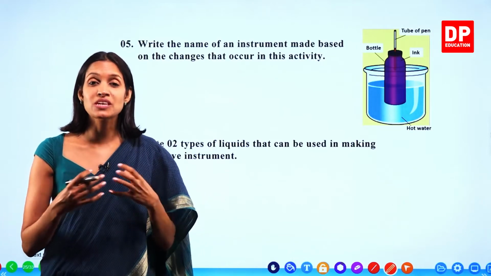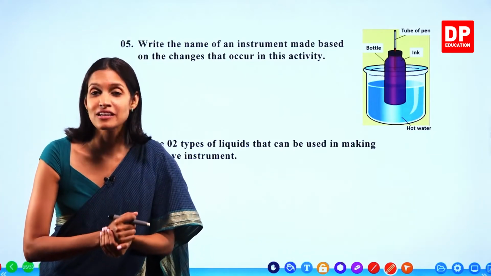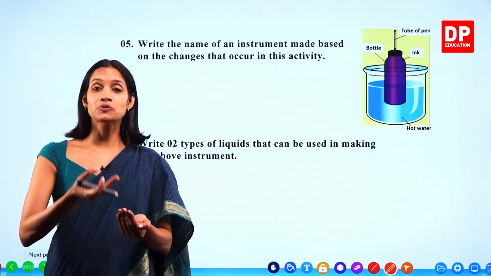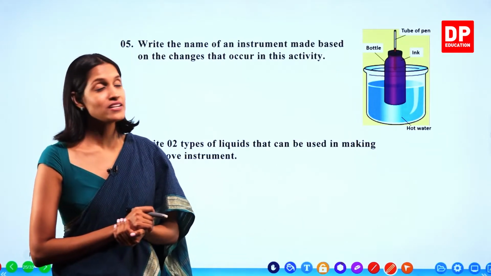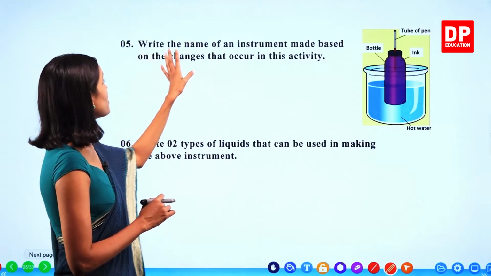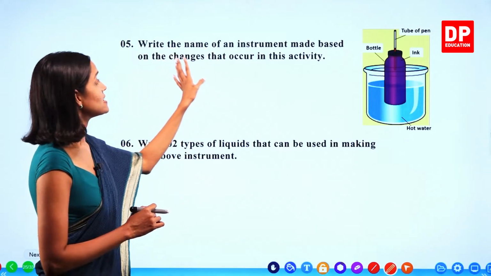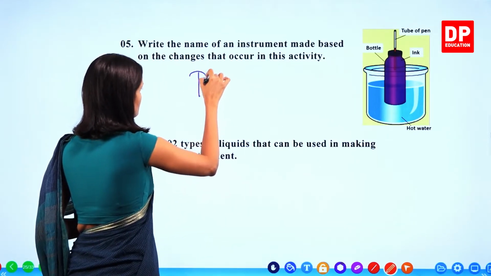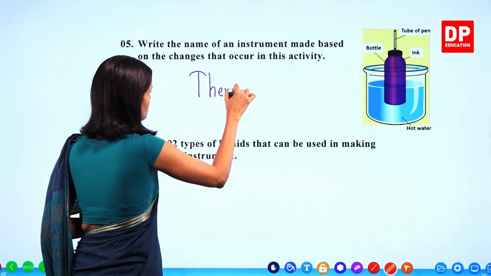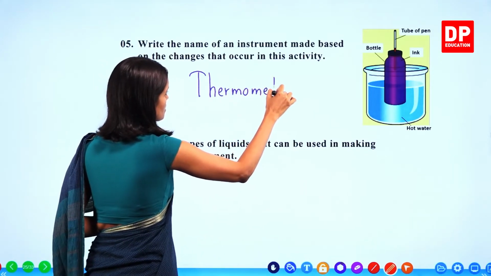When it absorbs heat, it expands, and when that expands, what happens? It goes through the capillary tube present in the thermometer. Right, children? So write the name of an instrument made based on the changes that occur in this activity. Thermometer.